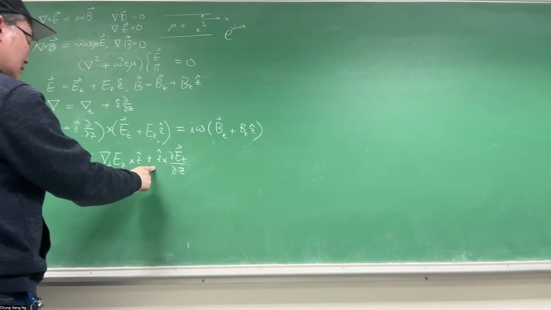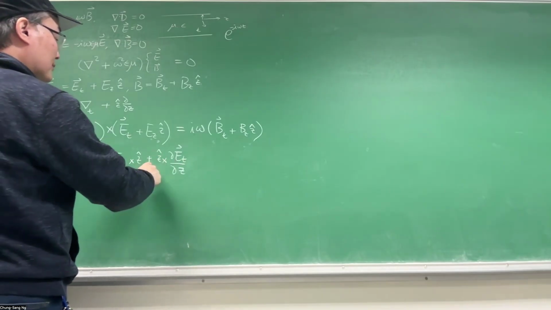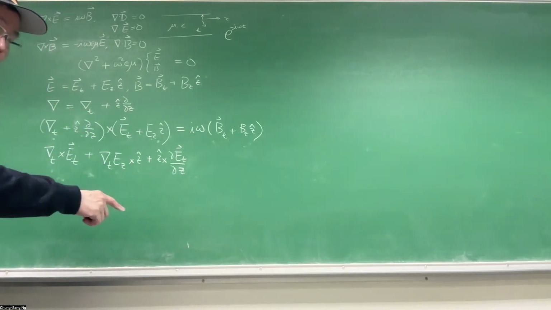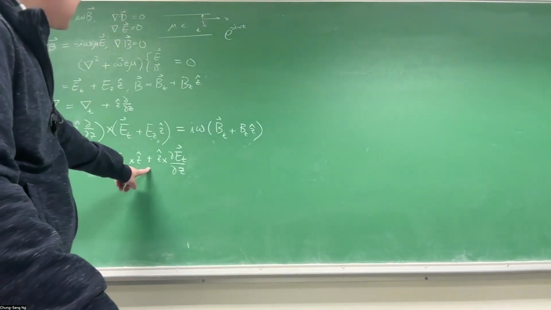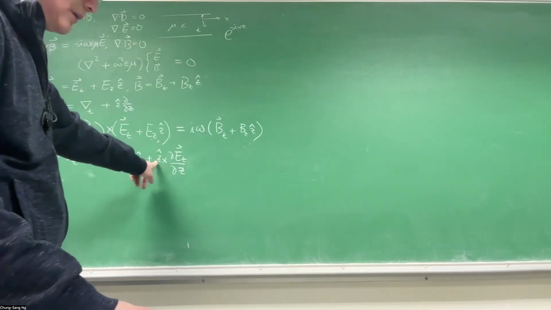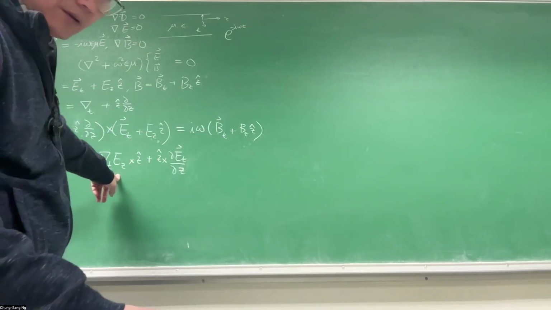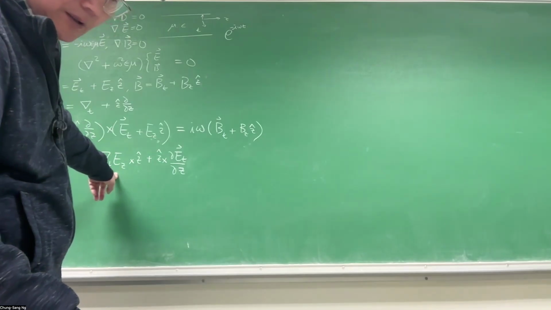Likewise, both are z crossed into something. So this one should be in the transverse direction, right? And that one should be in this direction, because of partial t, partial z E_t.